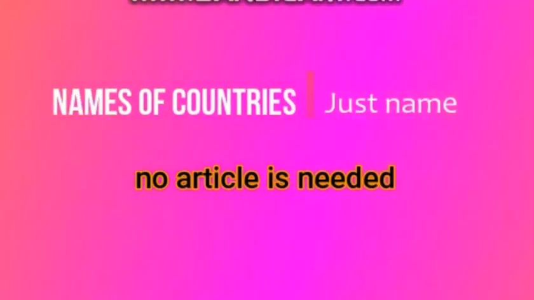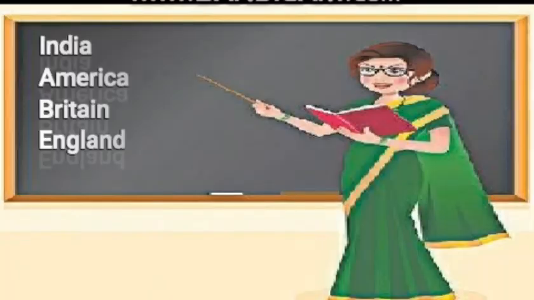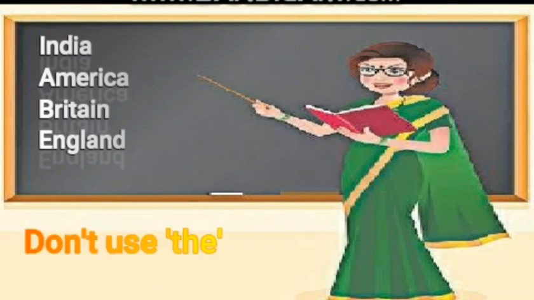But when there is no plural form in the name or there is no of in the name of the country, no article is needed there. We don't want a and the there. See, India, America, Britain, England, okay. So there no article should come. The India, the America should not be used.